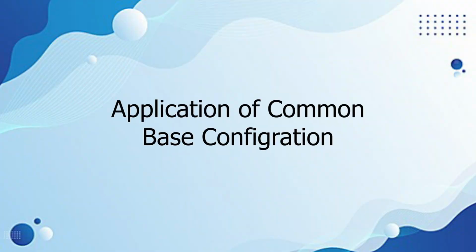Now, we discuss the applications of the common base configuration. The common base configuration is a transistor amplifier configuration widely used in electronic circuits for specific applications. Its primary advantage lies in its ability to provide high voltage gain with low current gain. This makes it suitable for applications where voltage amplification is crucial, such as RF, denoted by radio frequency, amplification, impedance matching and signal inversion.